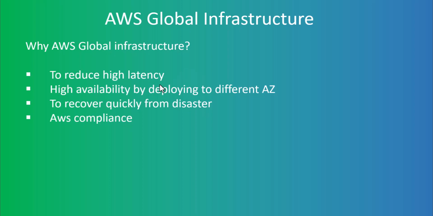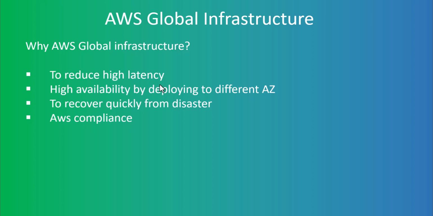The next thing is why AWS global infrastructure. One is to reduce high latency. The closer the server is to you, the lower the latency. The second is high availability by deploying to different availability zones.